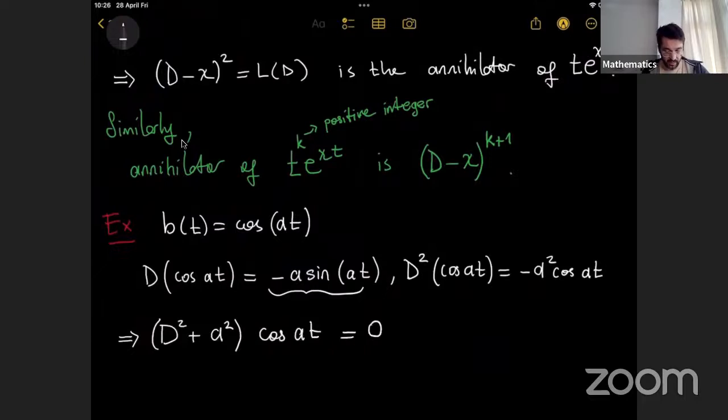That means d squared plus a squared is the annihilator of cosine at.